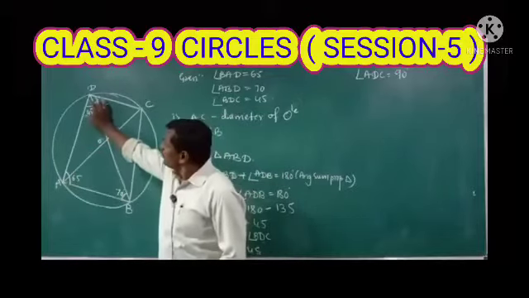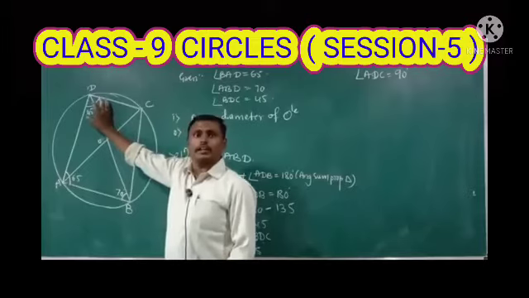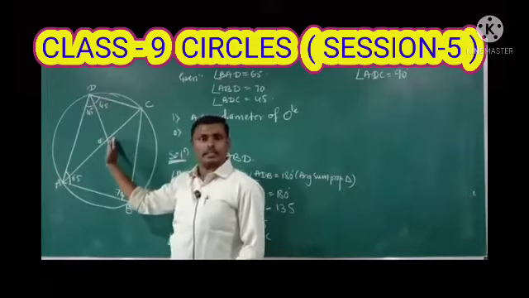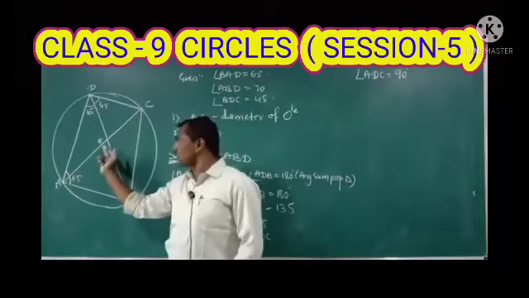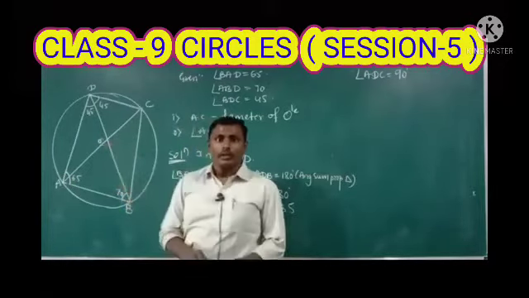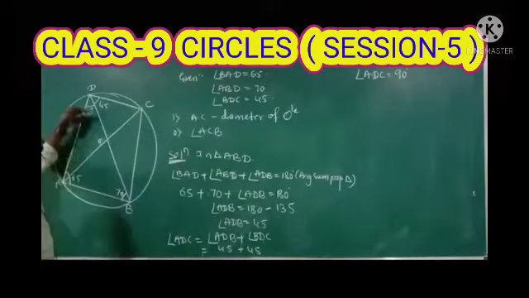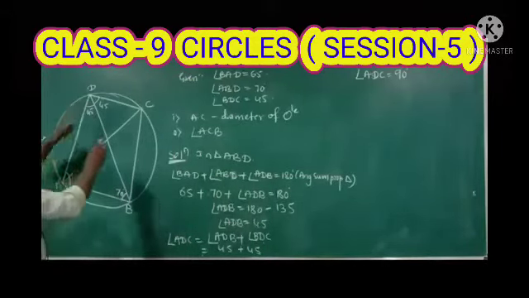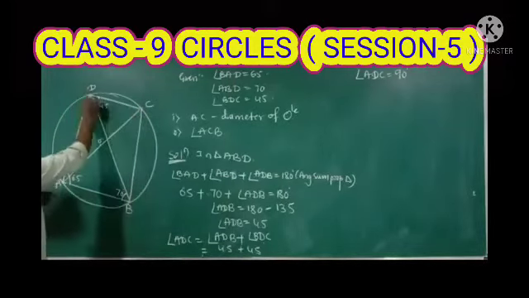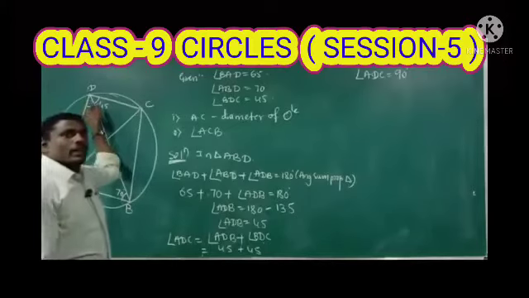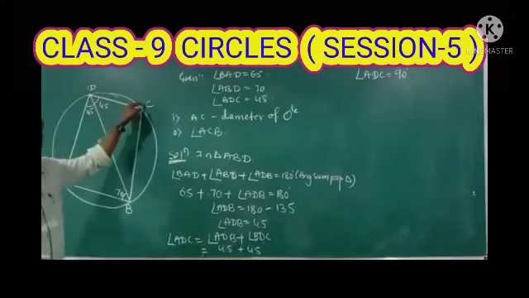Here, by adding these two angles we are getting 90 degrees, which means the opposite side is the hypotenuse. That hypotenuse passes through the center of the circle O, right? Whenever a line passes through the center of the circle and the opposite angle of that given side, or given diameter, is equal to 90 degrees, then we consider this a semicircle.